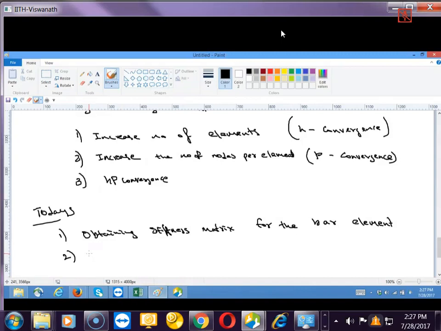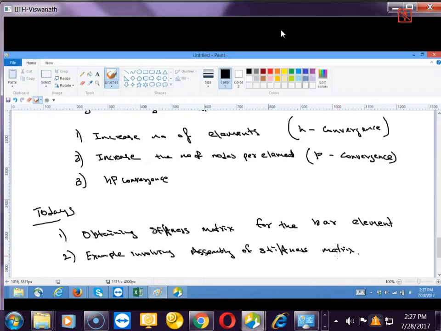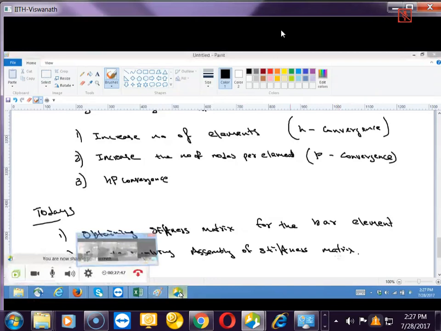So I'll talk about an active live example involving assembly of stiffness matrix. So before I move into these two topics, let me stop here and ask for a couple of questions from your side.